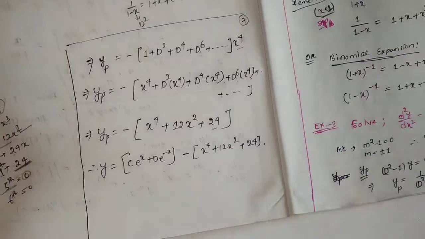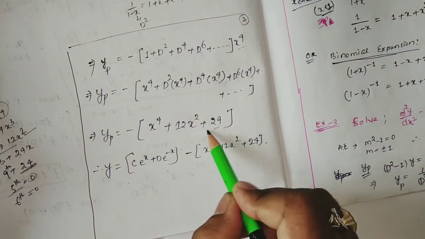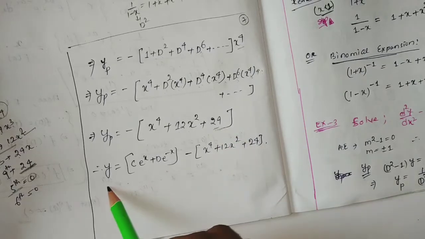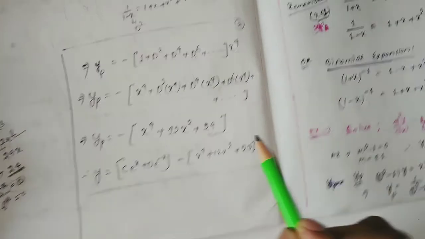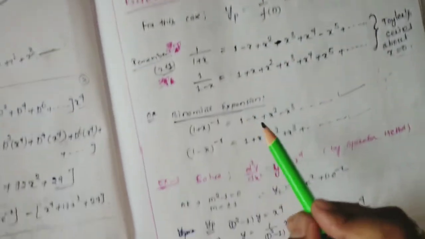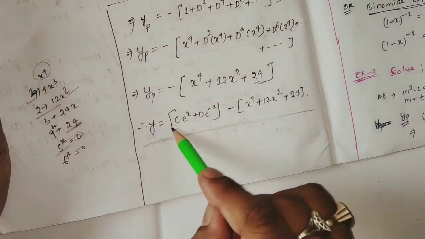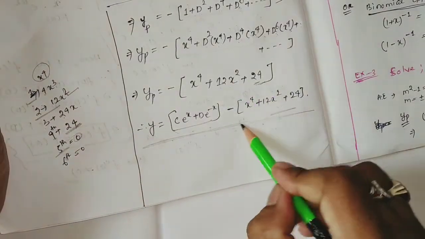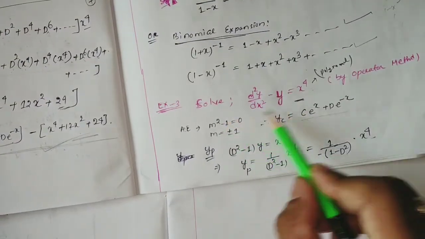Okay, so our answer is that yp equals minus, x to the power 4 plus 12x square plus 24. In general, the solution is the complementary function plus the particular integral. The complementary function we found earlier, and this is the particular integral. So this is the answer of this question.